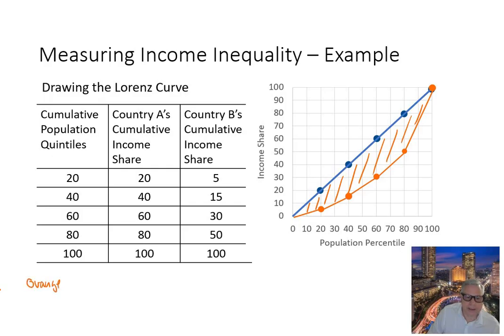We can calculate it most conveniently if we first take a look at the area underneath the blue line, the blue triangle. And this area underneath the blue line is 5,000. Why? Well, it's a triangle, 100 times 100 is 10,000, over 2, that's 5,000.